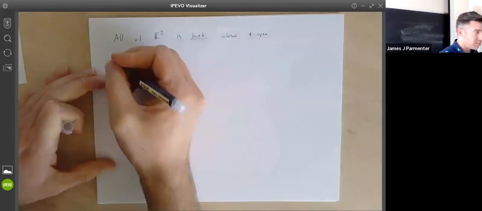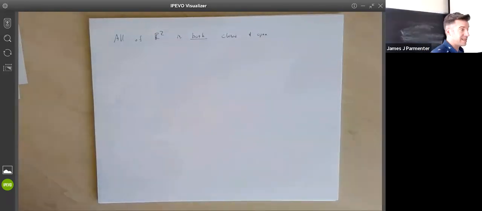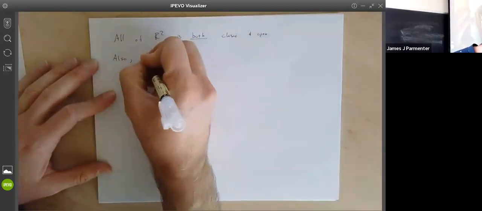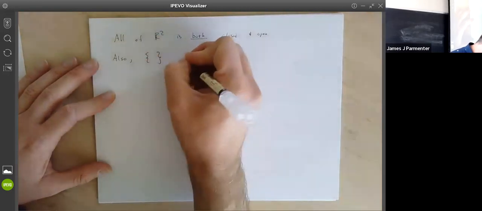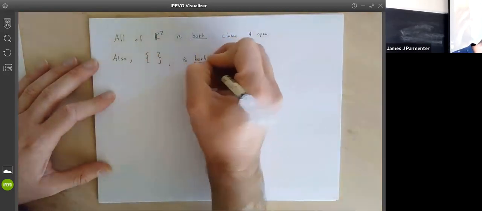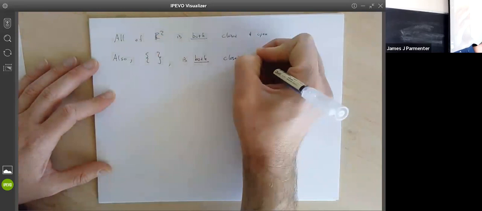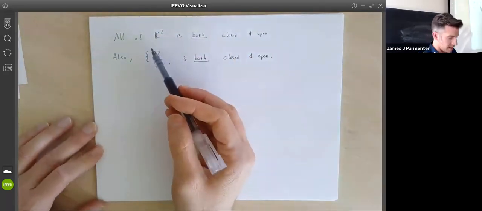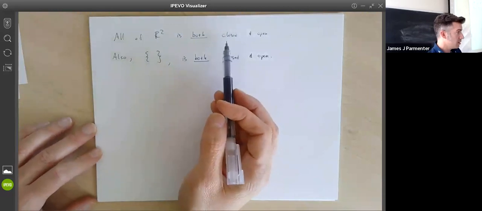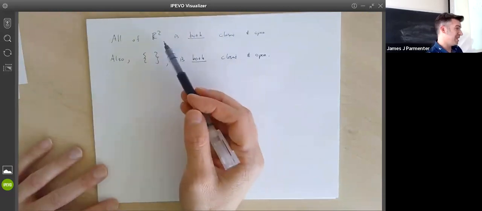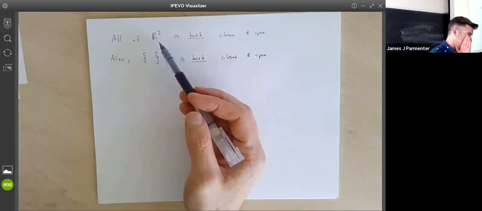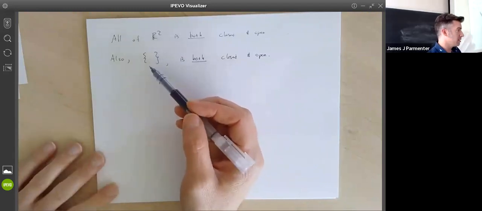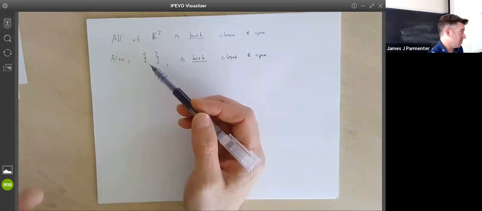And not that you're probably going to run into a function whose domain is the empty set, but also the set containing absolutely nothing is also both closed and open. For the same lame reasons that the entire plane is closed. The entire plane is closed because it contains all its boundary points, which there aren't any of. The empty set is closed because it contains all its boundary points, which there aren't any of. It literally has no points in it.